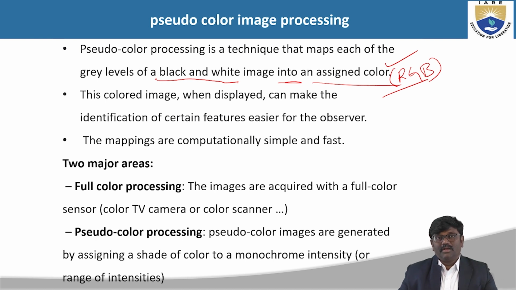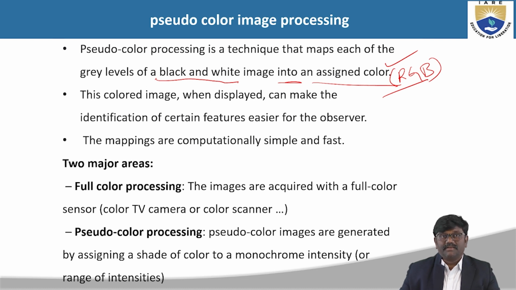That we understood from the previous classes, and just now from the previous slides also. Pseudo color images are generated by assigning a shade of color to a monochrome intensity or range of intensities.